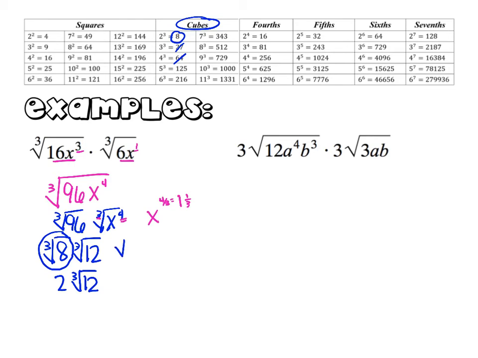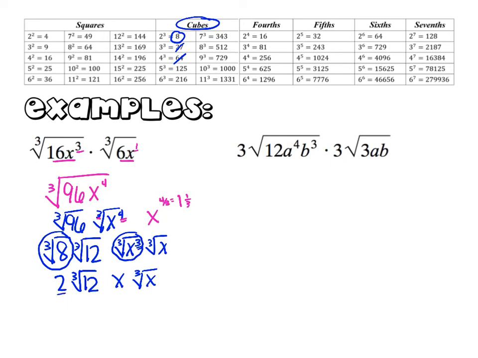I like to break it into x cubed and another x, right? Knowing that I need this number for my perfect to be divisible by 3. The cubed root of x cubed is just x, and I still have the cubed root of x.